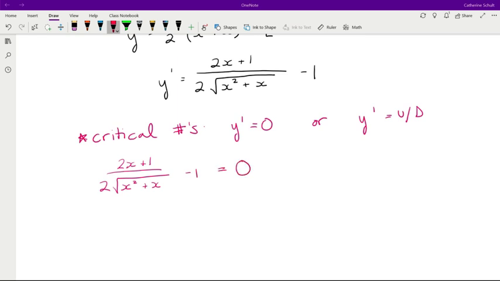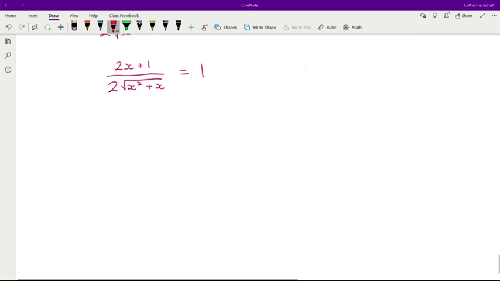Minus 1 equals 0. I see that radical sign in the denominator, so I know I'm going to have to isolate that root and then square both sides. That's how we deal with square roots in equations. So how am I going to do that? Well, I think I'm going to add 1 to both sides. Do a little cross multiplication.